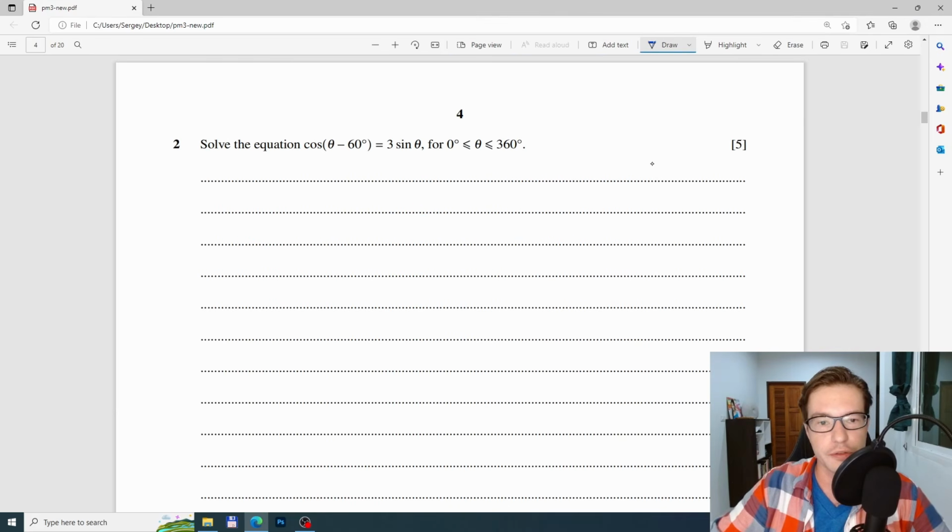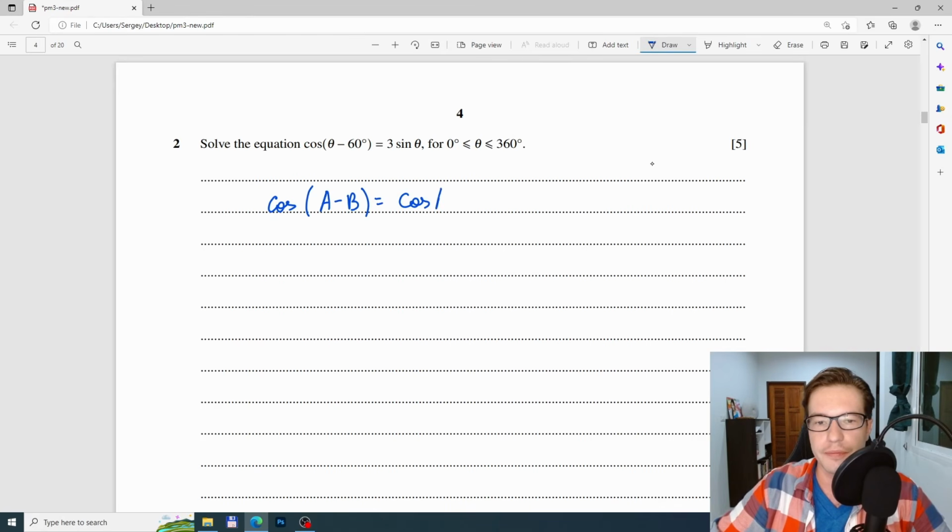For the second question, first of all, I'm going to use the formula cos(a minus b) equals cos a cos b plus sin a sin b.